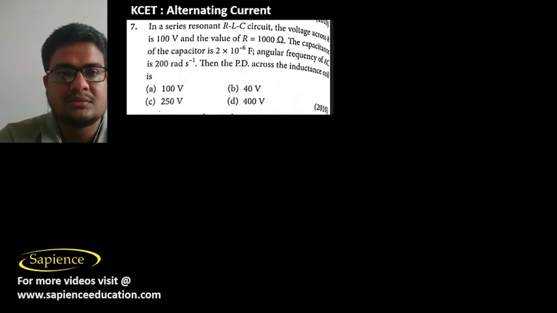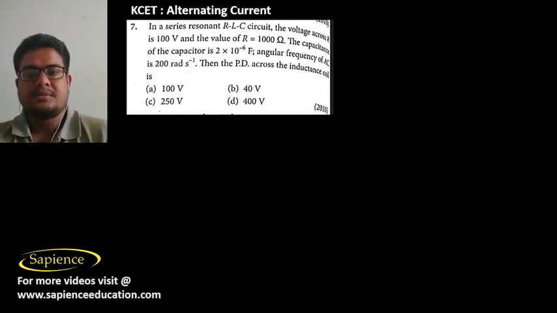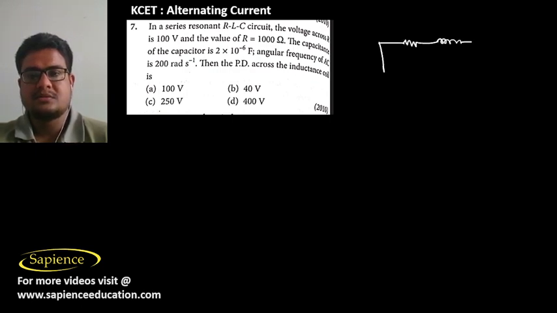Question number 7. It is told that in a series resonant RLC circuit, the voltage across R is 100 volt. Resonant means omega is equal to 1 by root LC.